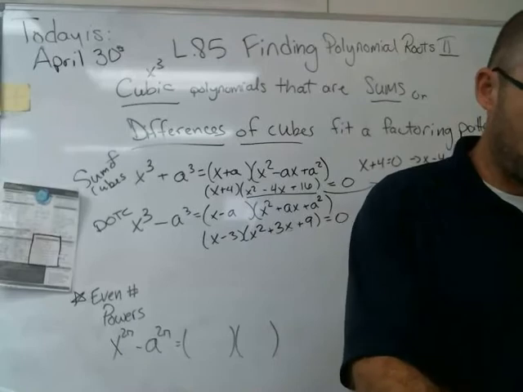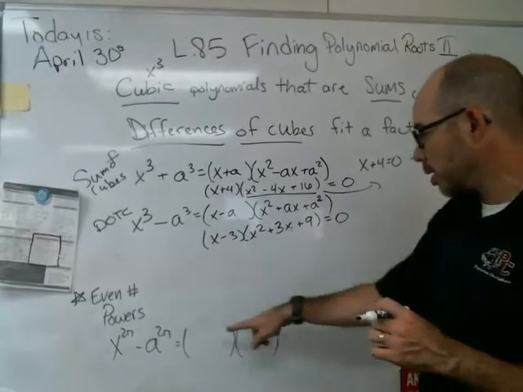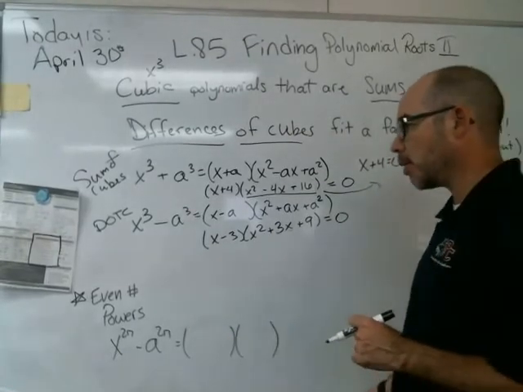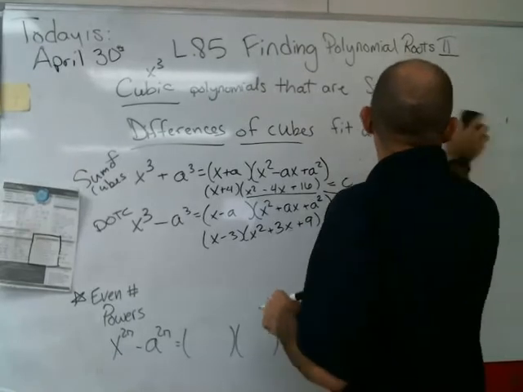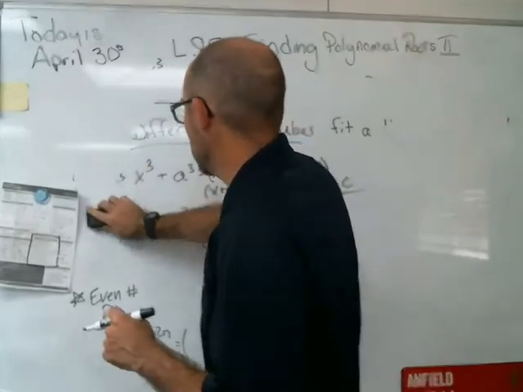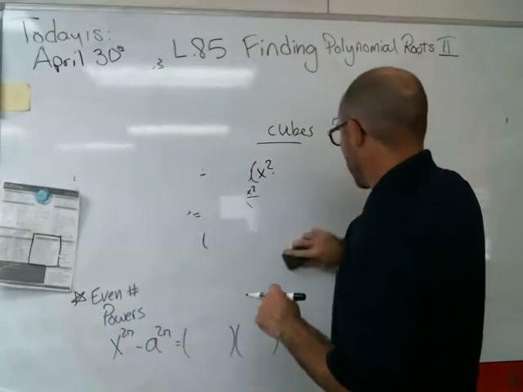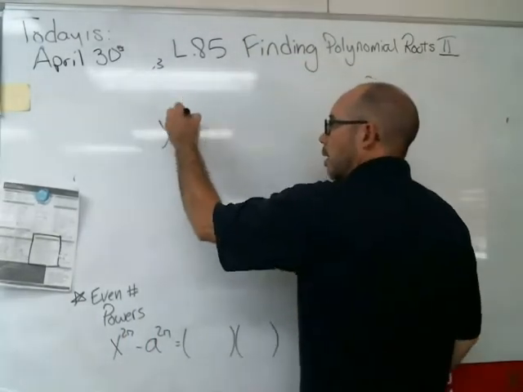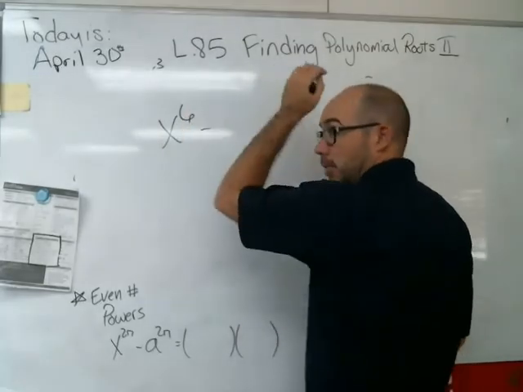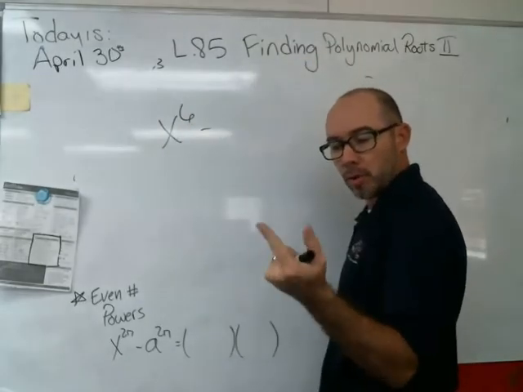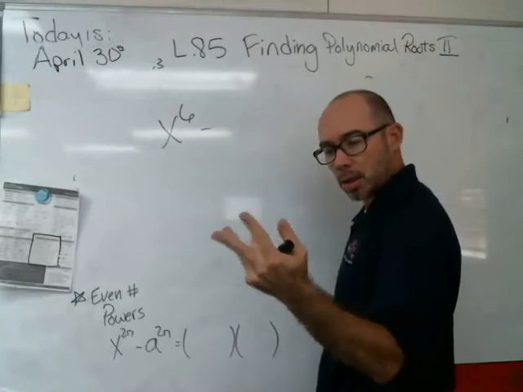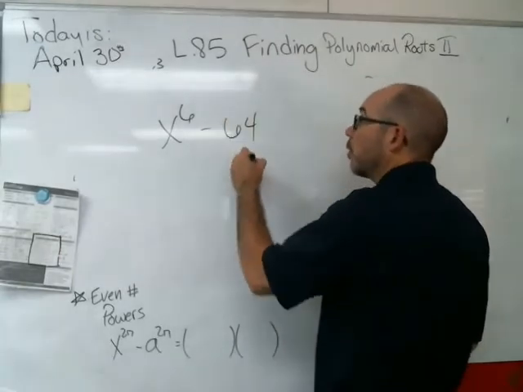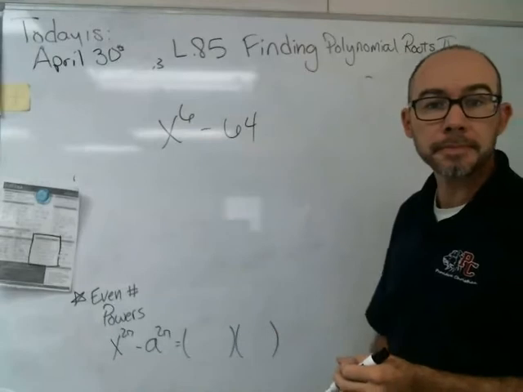Okay, now let's go after this last one down here, even powers. This is when we get something like x to the 6th minus 4. That is factorable.